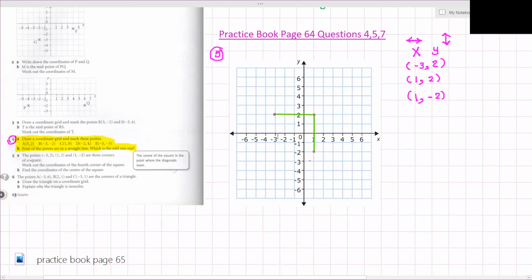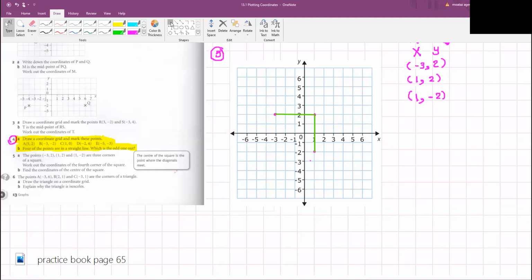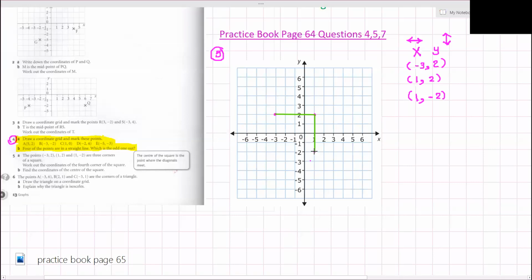Now we need to complete the square. So we will complete it, easy.